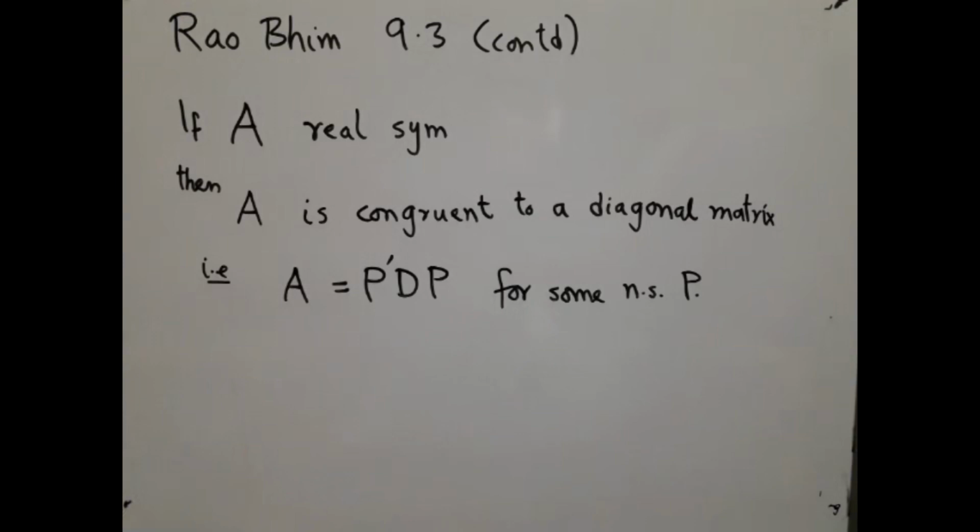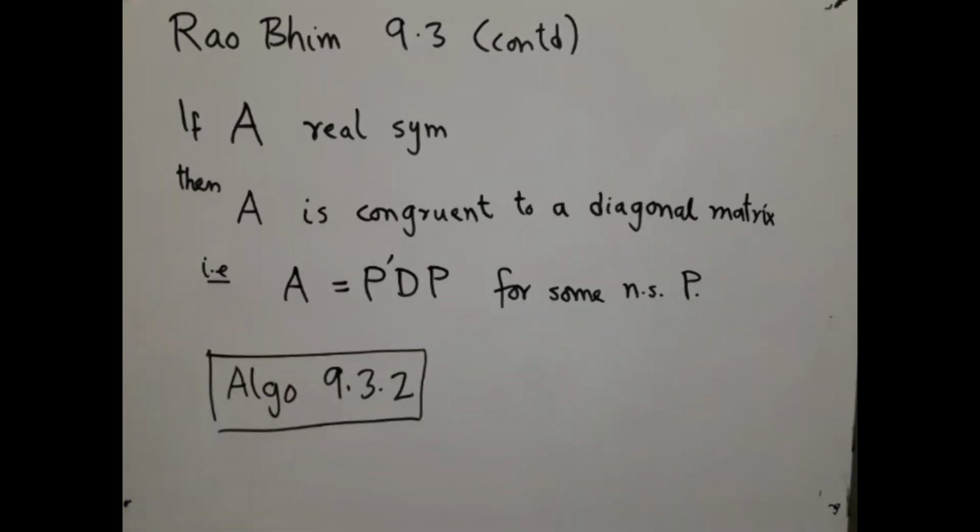Now, Rao Bhim has given us one such algorithm that Rao Bhim calls algorithm 9.3.2. Now, this algorithm is a very typical Rao Bhim algorithm. It is very difficult to understand what is going on. In fact, the same idea may be done in a much simpler and intuitive fashion.